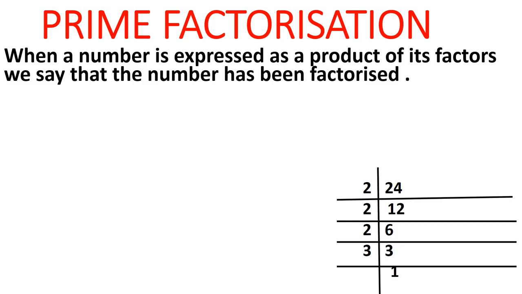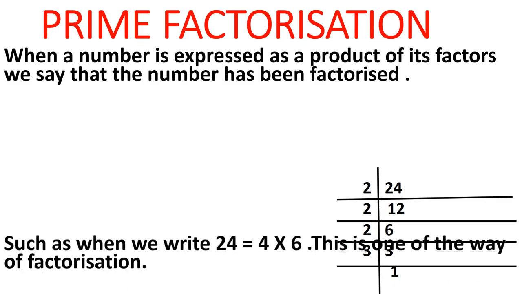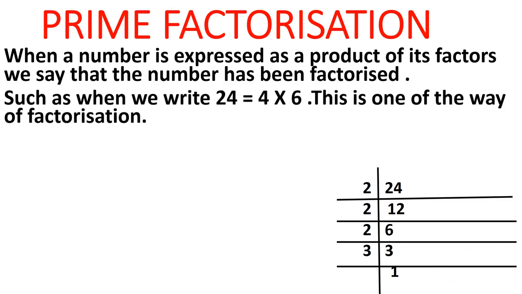Such as when we write 24 equal to 4 multiplied by 6, then this is called factorization. 4 and 6 are the factors of 24.